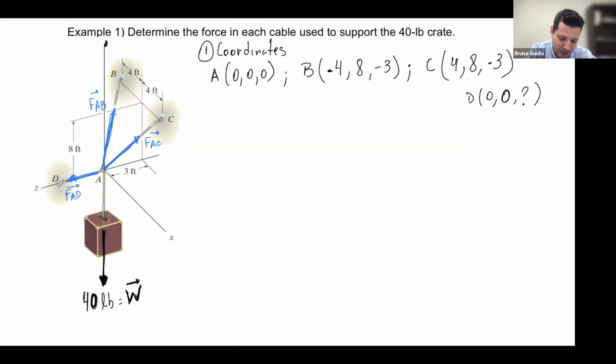Going down the Y direction, which means negative Y direction. So for FAD and W, we already have the direction of those. What we need to find is FAB and FAC. So let's do that.